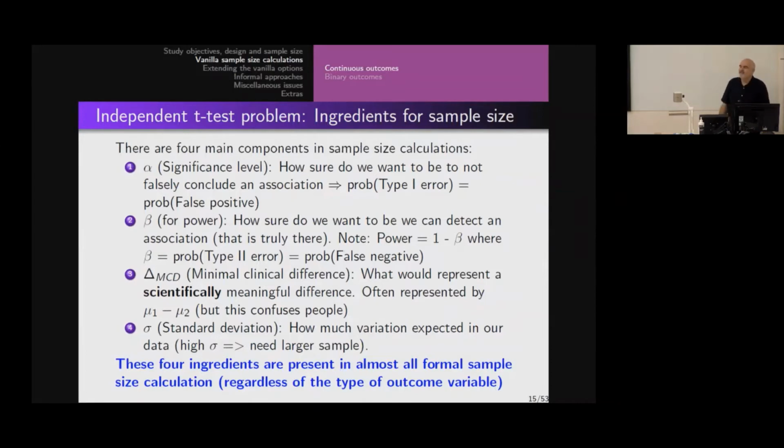Now we get to a very, very important one. And why I think this is important in particular is people get this one wrong all of the time. Delta MCD is the minimal clinical difference. Now, I really want you to remember that name, minimal clinical difference.